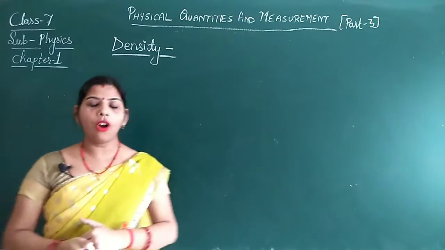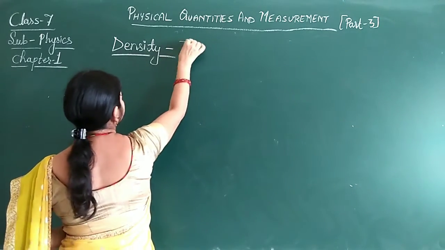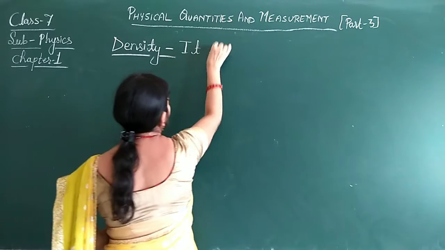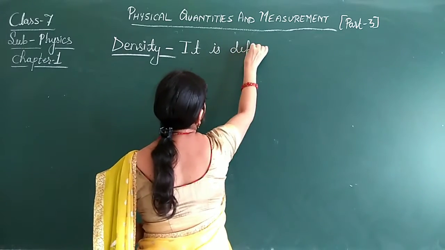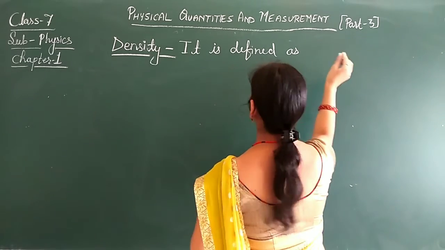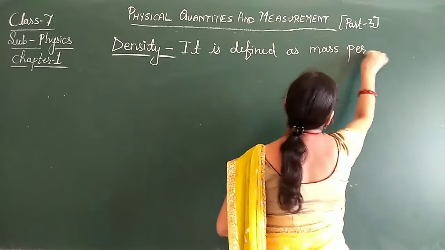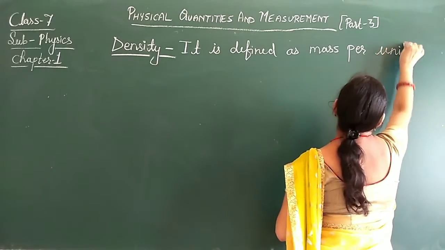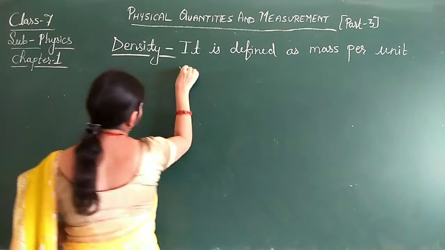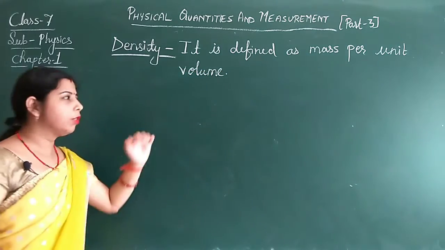The density of a substance is defined as mass per unit volume.